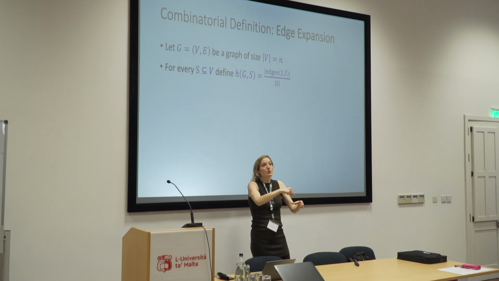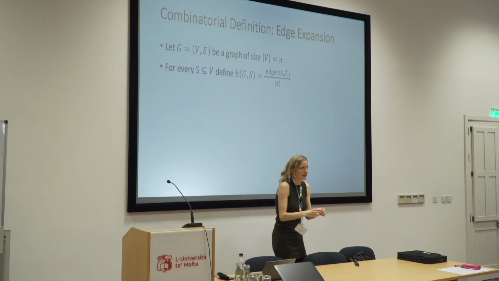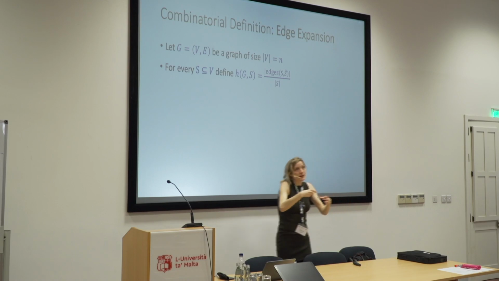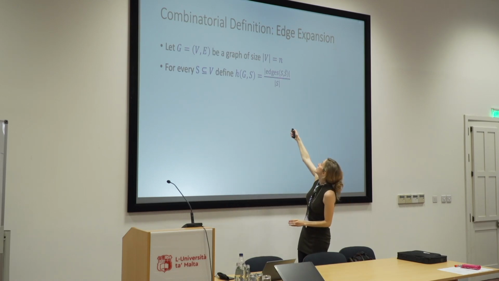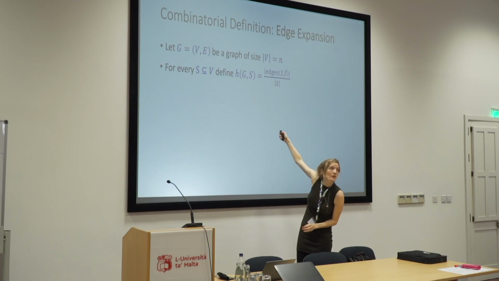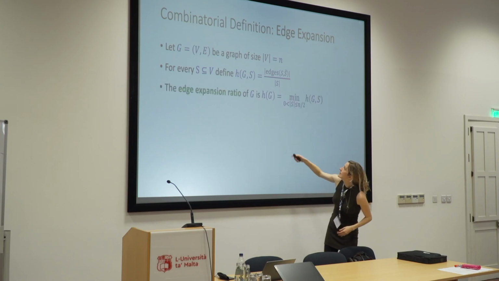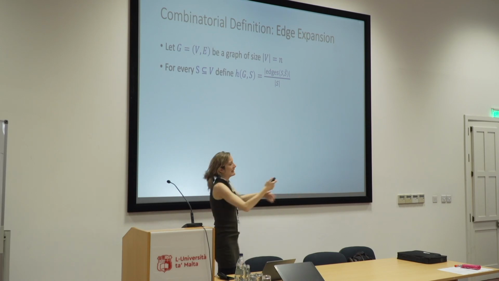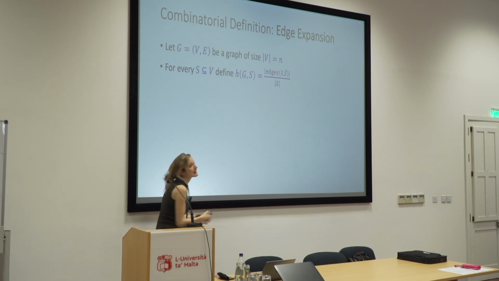Each and every one has D. So if I just added that all up, I'd have D times the size of S. But some of those edges stay inside of S. Some of the edges go from S outside of S, going from S to S complement. And this is what I'm interested in here. How many edges go outside of the set S? And in particular, what fraction, relative to the number of vertices?